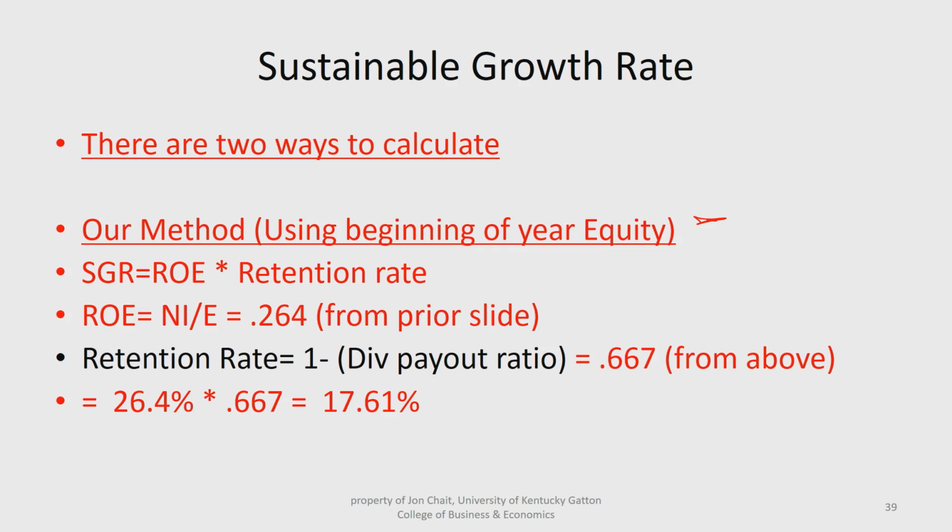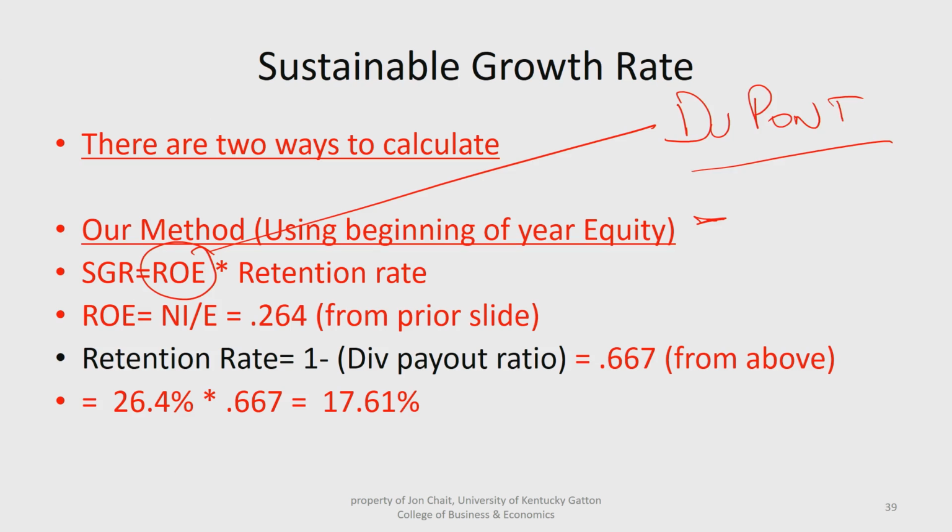So the sustainable growth rate is a very useful concept. It's simply ROE. We know how to calculate that. We can calculate it as NI over equity or DuPont. And a lot of times on exams, now we get the questions a little more complicated. We basically don't give you ROE.